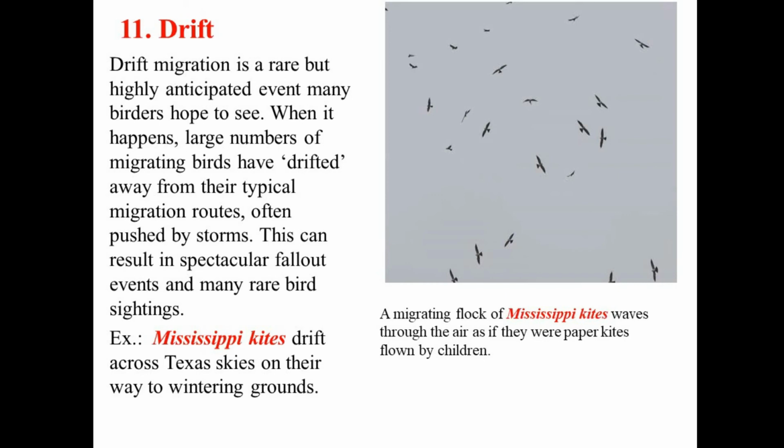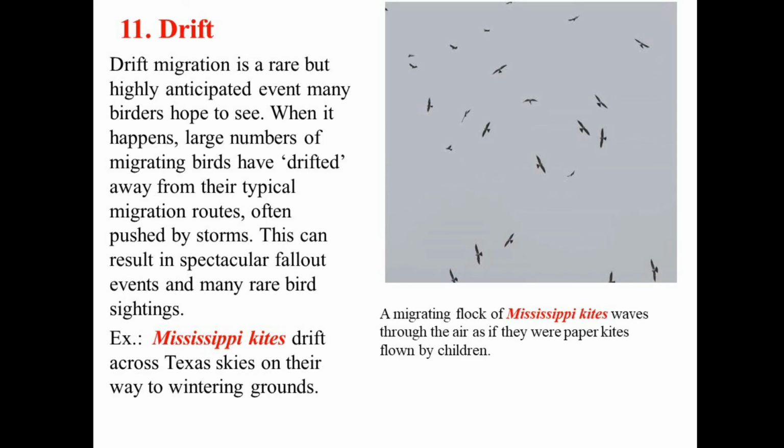Drift migration is a rare but highly anticipated event that many birders hope to see. When it happens, large numbers of migrating birds drift away from their typical migratory routes, often pushed by storms. This can result in spectacular fallout events and many rare bird sightings.